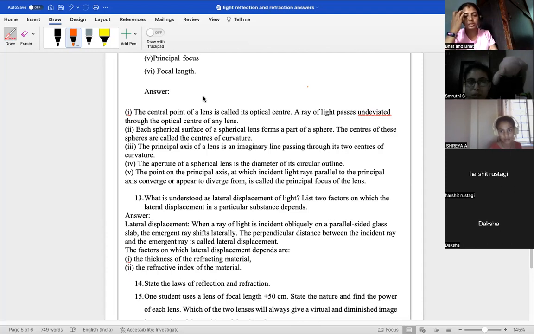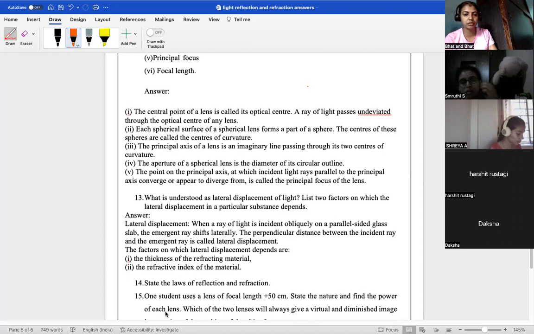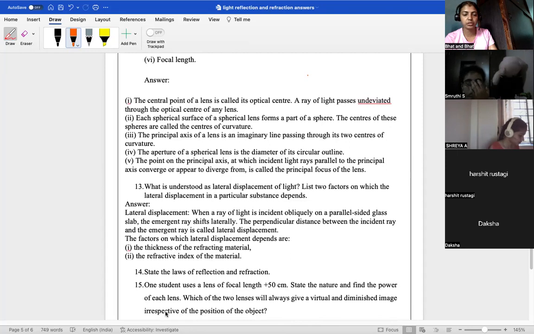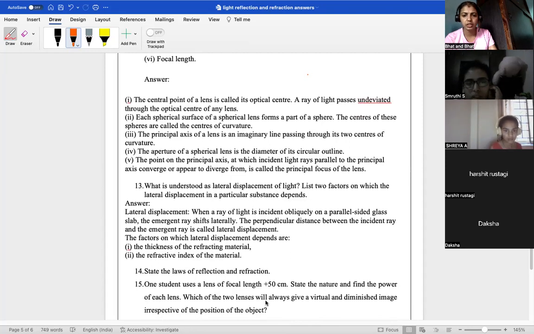Yeah, children, next question. One student uses a lens of focal length plus 50 centimeter. State the nature and find the power of each lens. Which of the two lenses will always give a virtual and diminished image irrespective of the position of the object?